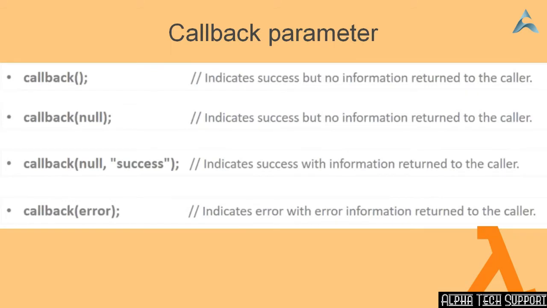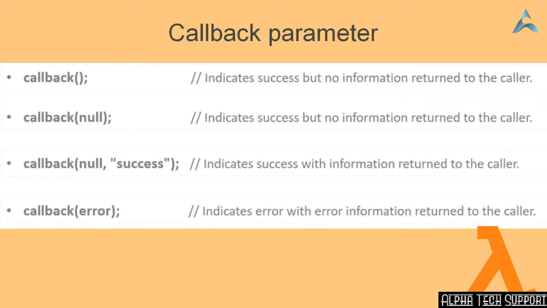These are four types of uses of callback parameter in ways that we can use to print result, error, or simple information. When you do not write explicitly any parameter or argument in the callback function, it indicates the success without any information returned to the caller.